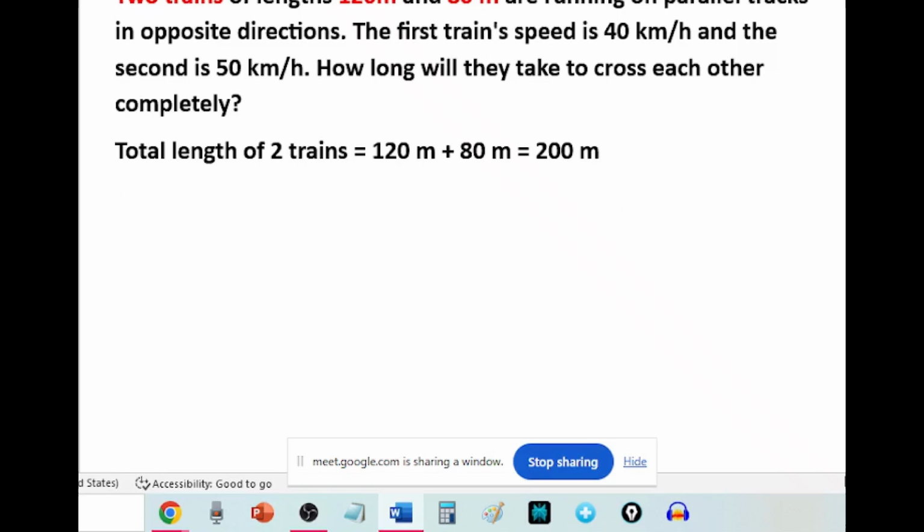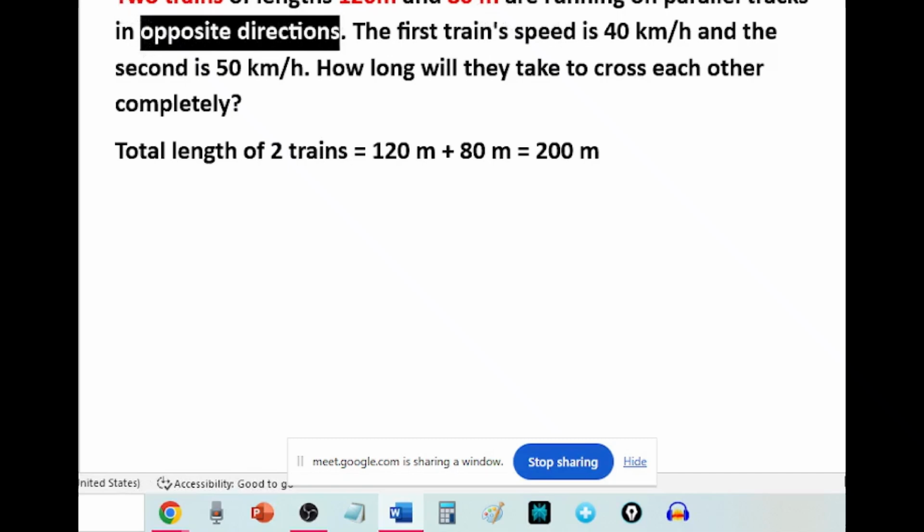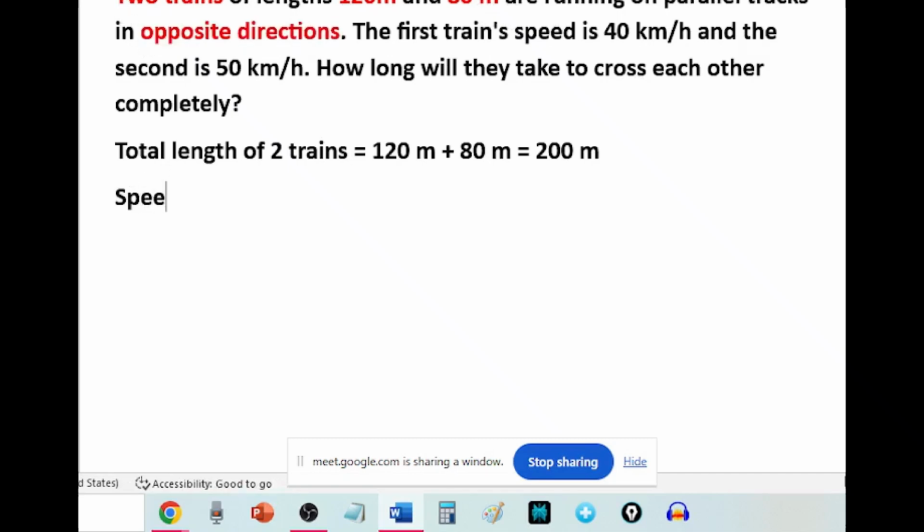Now, are they going in the same direction or opposite direction? Opposite direction. See this one. So opposite direction means plus or minus? Opposite, plus. So the speed will be 40 plus 50 in kilometers per hour. 40 plus 50 kilometers per hour.